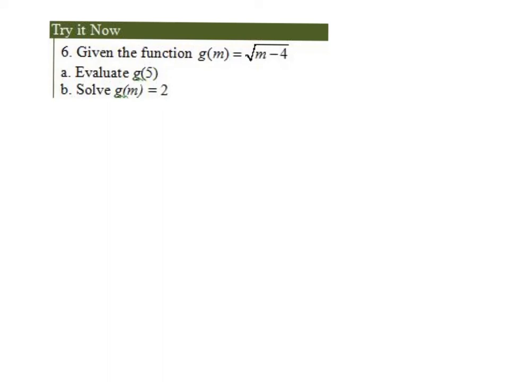So, we're going to evaluate for G of 5. I'll let you think about that for a minute. Probably want to stop the video and then I'll walk you through it. So for A, I'm going to replace the M with 5.